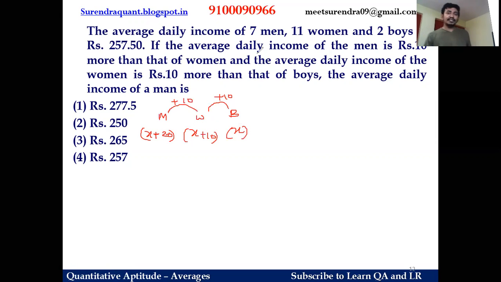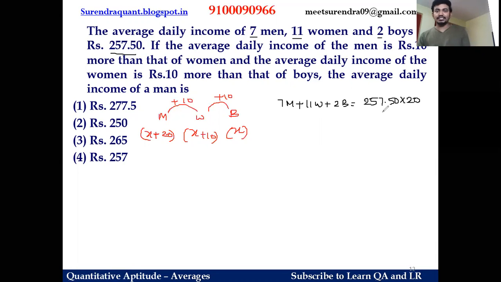Okay. Initially they gave the average income of 7 men, 11 women, 2 boys. Total how many persons? 7 plus 11, 18 plus 2, 20, and the average is this. So that means the sum of incomes of 7 men, 11 women, and 2 boys is, what is sum? Average times the number of persons. Average is 257.5 into number of persons, 20, right?